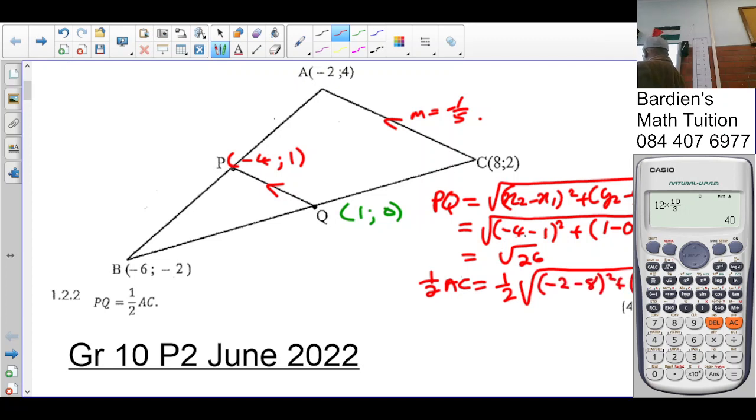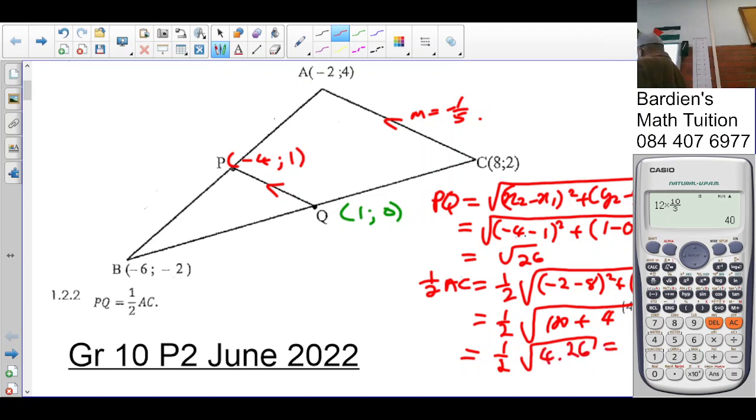It's 4 minus 2 squared. So it's going to be a half. It's going to be 10 squared is 100 plus 4. It's 104. You can take out 4 is 104. So it's going to be 4 times 26.